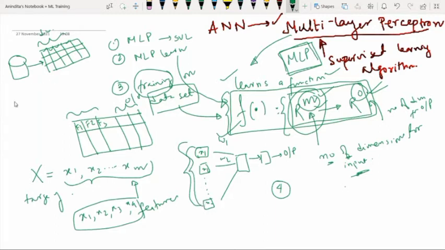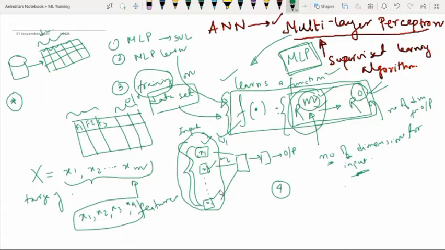So what is the conclusion up to this point? Here the first question is, what should be the number of neurons in the first layer of the artificial neural network? That is, in the input layer, how many neurons will be there?